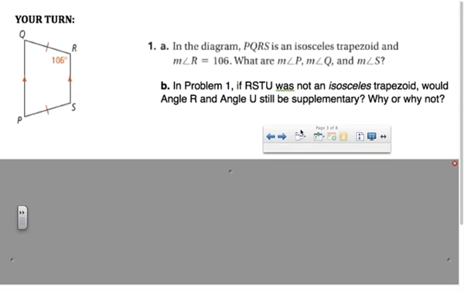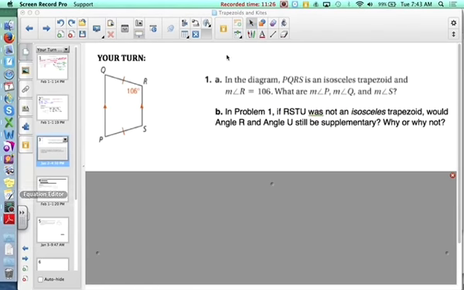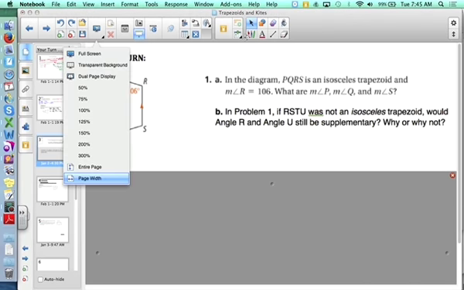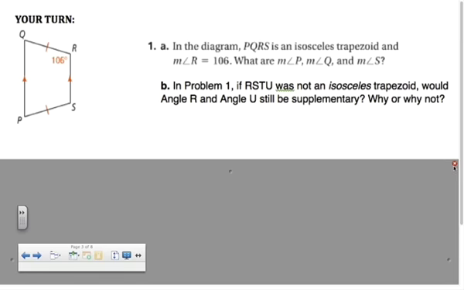Part B, notice it's referring you back to problem 1 where we had trapezoid RSTU. Right, based on what I am seeing and hearing, you're ready to compare your answers to mine.